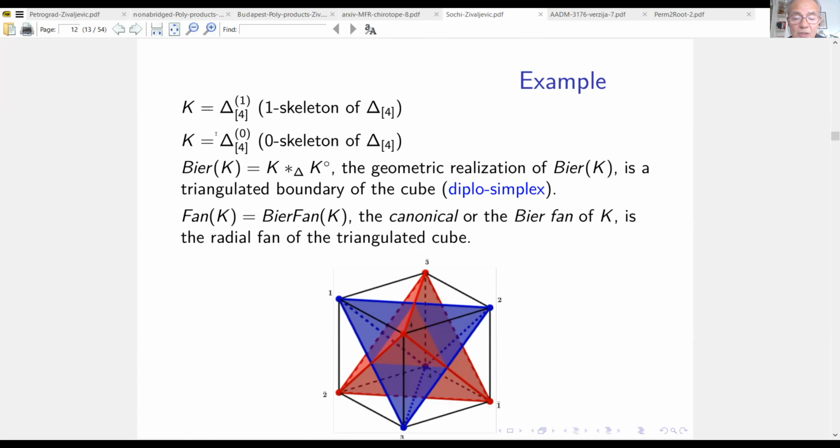So the cube is the convex hull of the union of these two tetrahedra. And in general, if you have a union of a simplex and its dual simplex, you obtain a convex polytope, which is called by John Conway a diplosimplex.